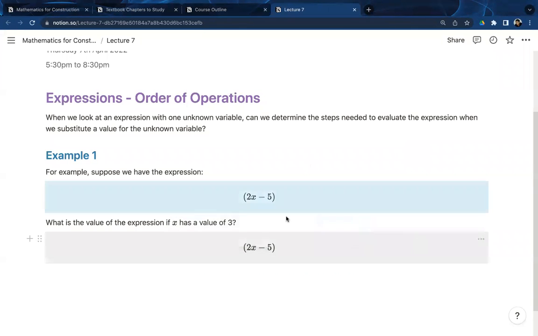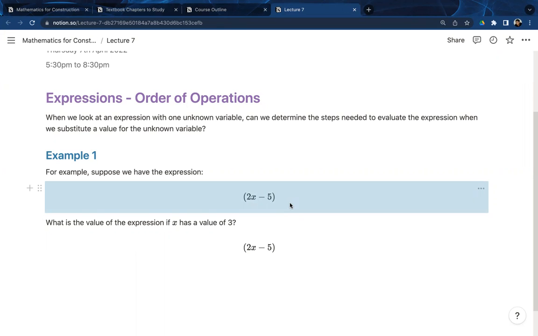BODMAS applies here. We have an expression 2x minus 5. X has been multiplied by 2, and then the 5 is being subtracted. But if x is 3, the value is determined by BODMAS. We do multiplication before subtraction.